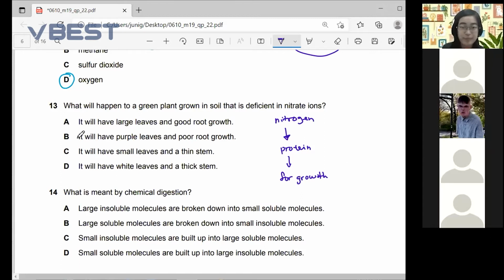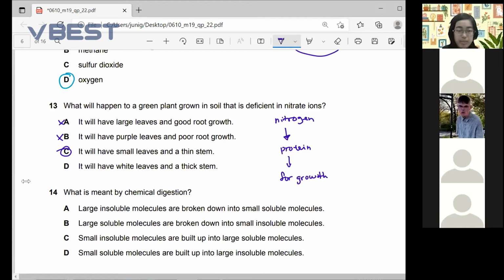Large leaves and good root growth, no, it's growing properly. B says purple leaves, this one no. C, small leaves and thin stem, yes. The plant cannot receive enough nitrate, cannot produce enough amino acids or protein, cannot grow properly.